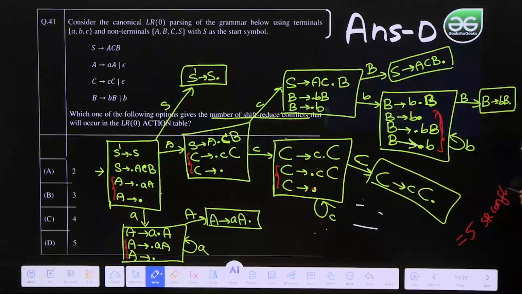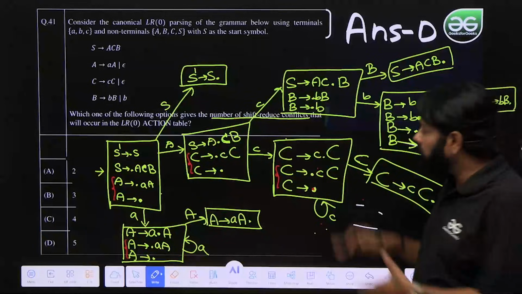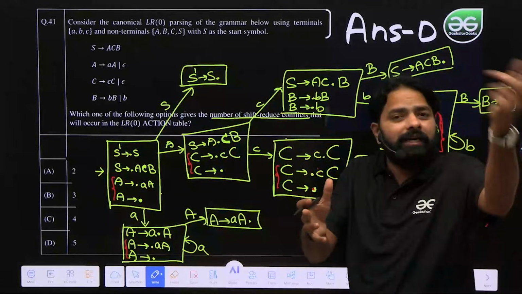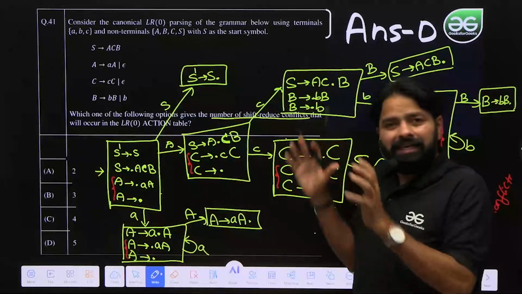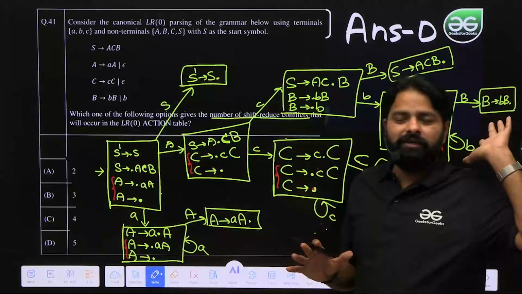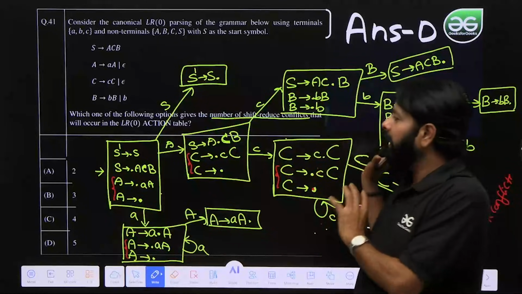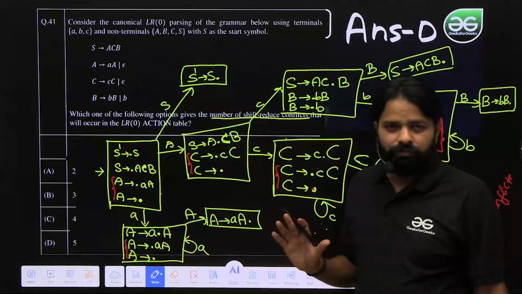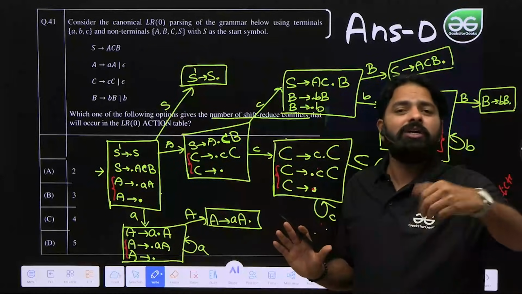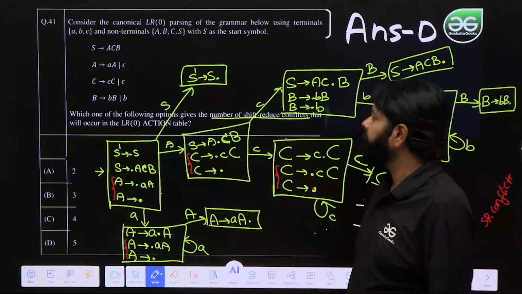But RR conflicts you cannot count like this, because one state can produce more RR conflicts in LR0. But here in LR0, a single state can only produce 1 SR conflict. That's why SR conflicts you can identify without building a table too. But if they ask about RR conflicts, you should have more knowledge than this.